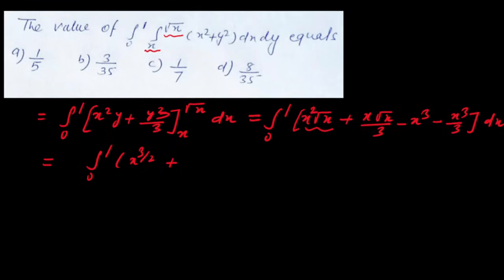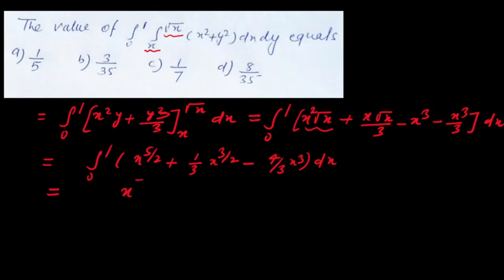So x square under root x and plus under root x cube, so x under root x by 3. Let me correct it. So x square under root x will actually be x to the power 5 by 2, and it is x under root x, so that will be 1 by 3 x to the power 3 by 2, and then we have x cube and minus x cube by 3, that is minus 4 by 3 x cube dx. This is a computation based problem, not difficult.